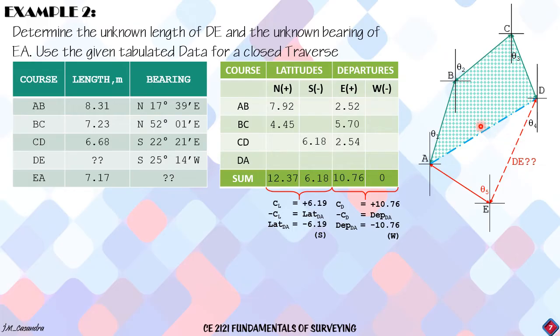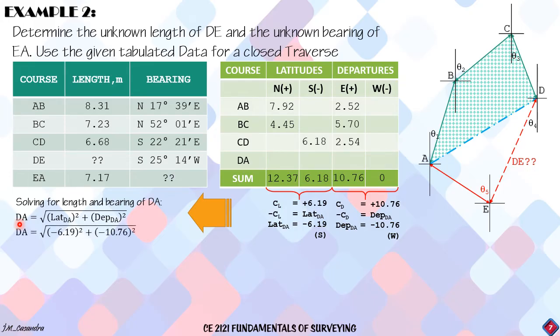To solve for the length of the closing line DA, we use the Pythagorean theorem. The closing line DA is equal to the square root of latitude squared plus departure squared. Substituting the values, we get the length of closing line DA as 12.41 meters.